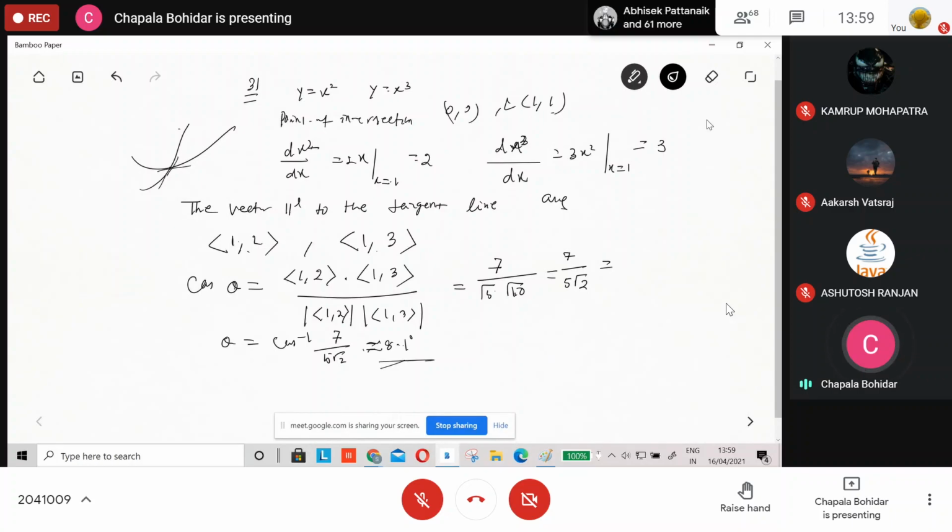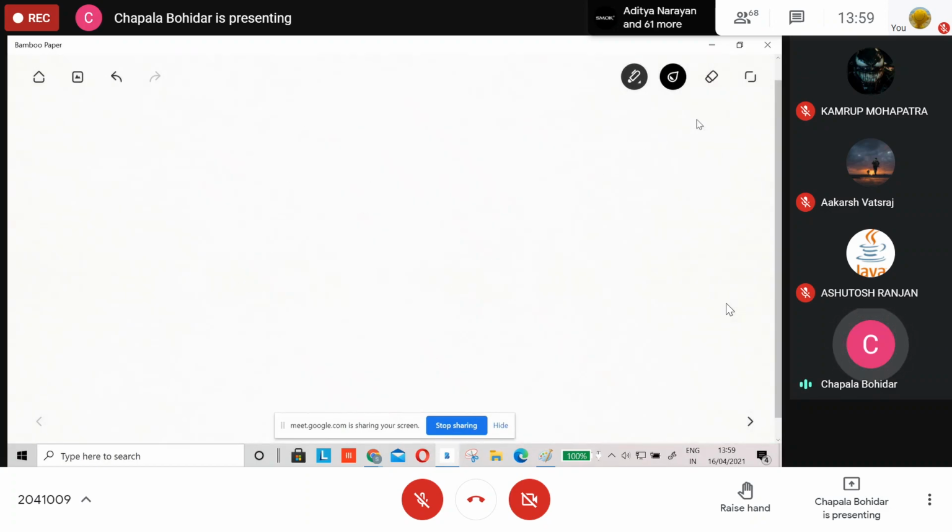Find the scalar and vector projection of B onto A, where vector A is 1, 4 and vector B is 2, 3.